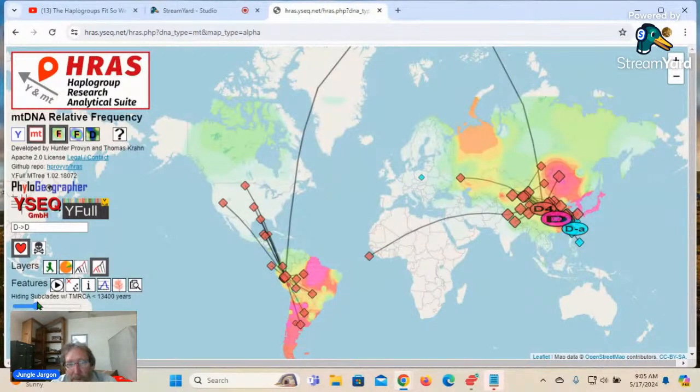Now, this is the fourth confirmation of the haplogroups not going through the Bering Strait. This is the fourth DNA confirmation, DNA evidence that they landed in Central America and spread out from there.